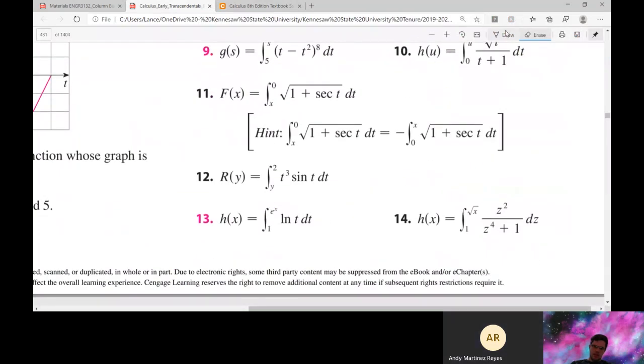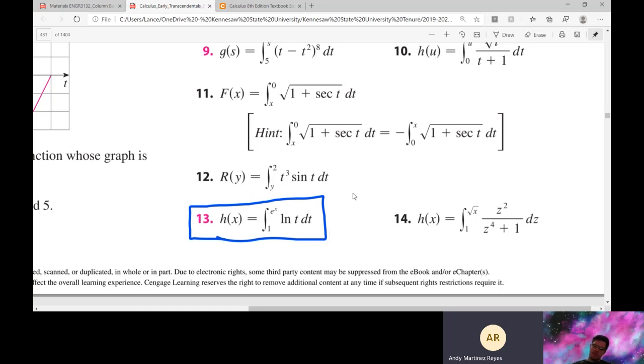All right, now try 13. There it is. I want to say, let's see, ln e to the x times e to the x. What's the natural log of e to the x?